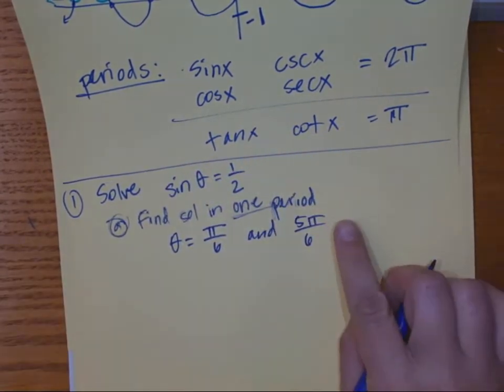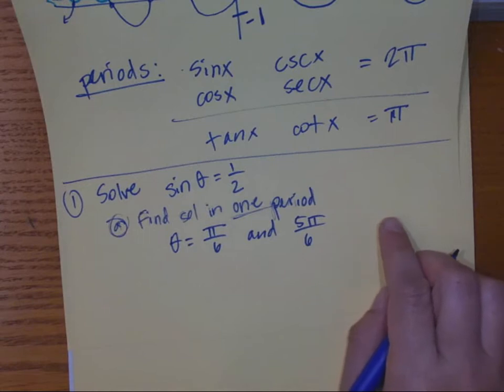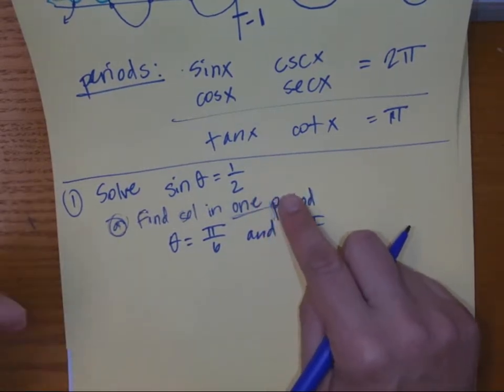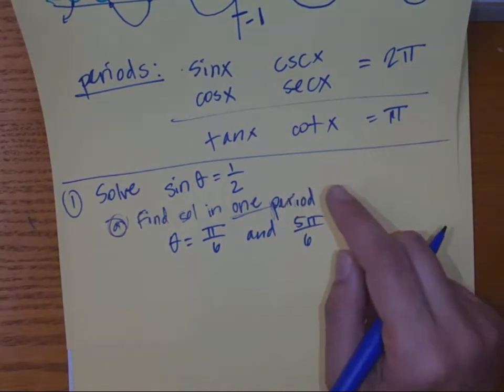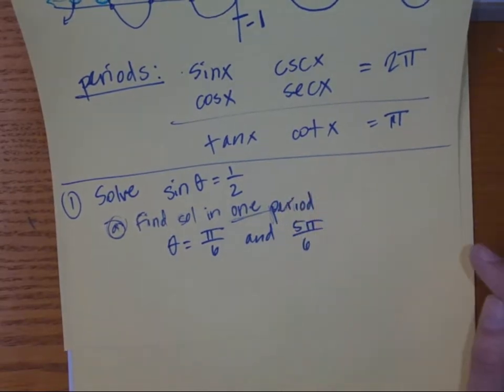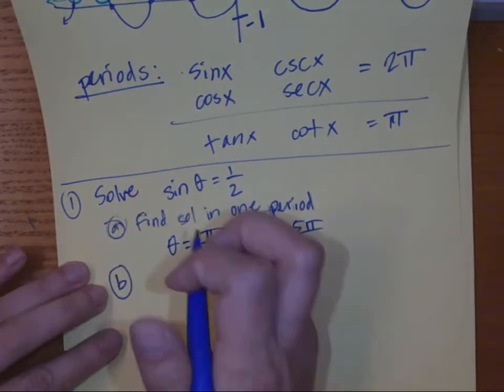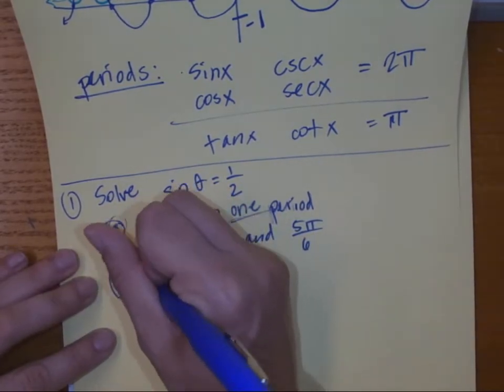That's nothing new. We've been solving simple equations like this using the inverse or using our unit circle. The new part is, what are all the solutions? So once we find the solutions in one period, then we find all the solutions.